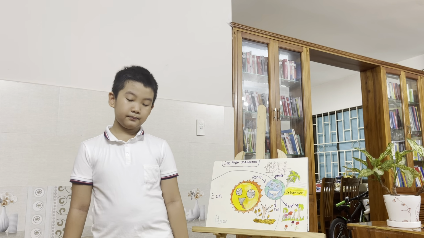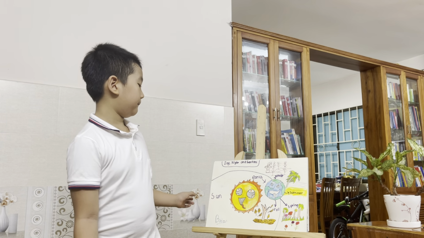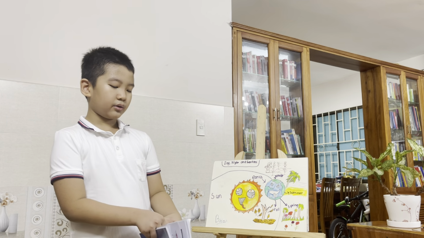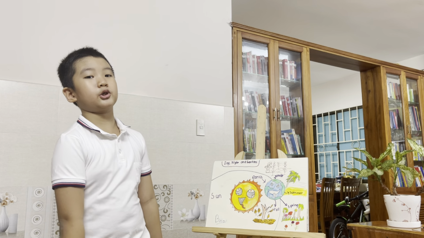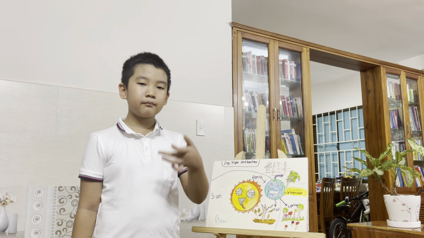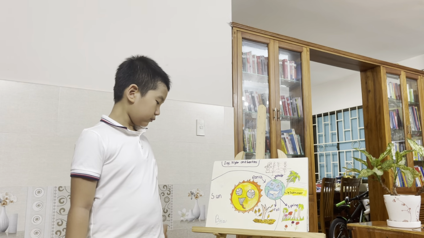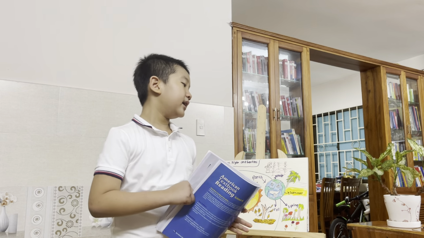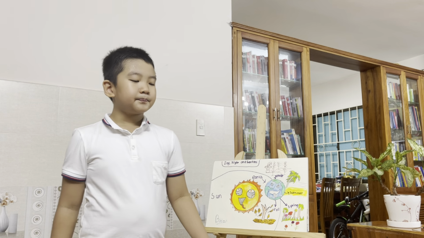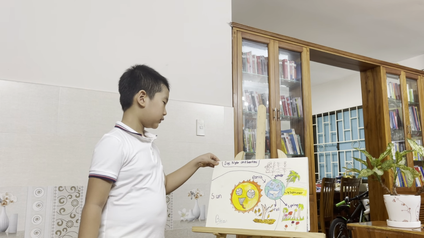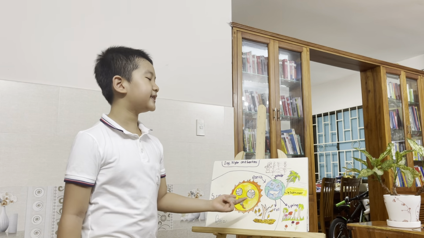Fall will be July, August, September, and finally, winter will be October, November, and December.